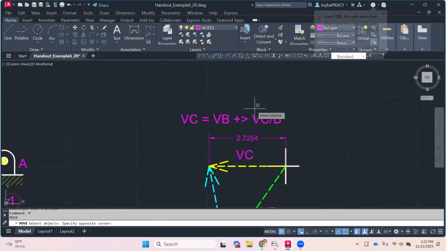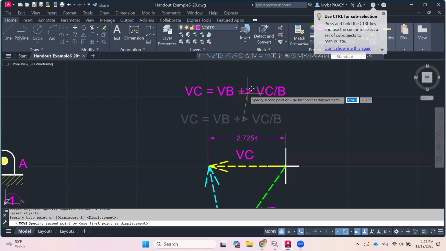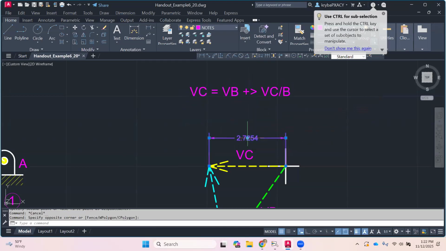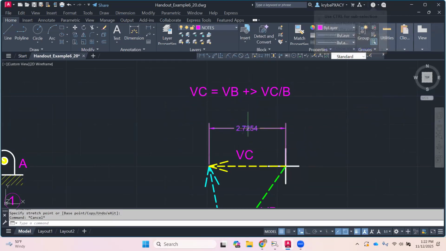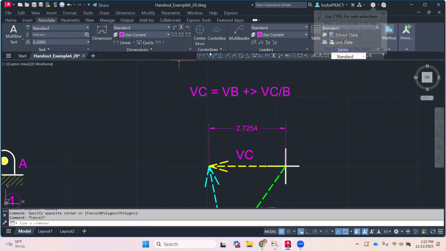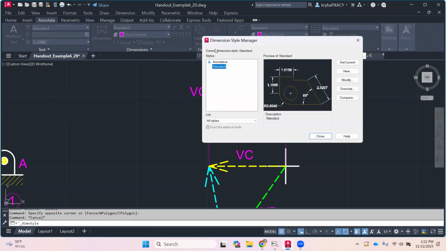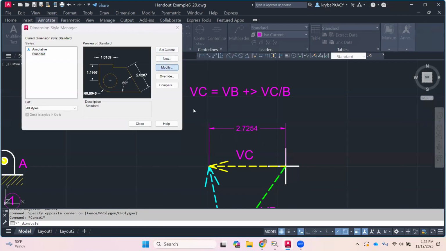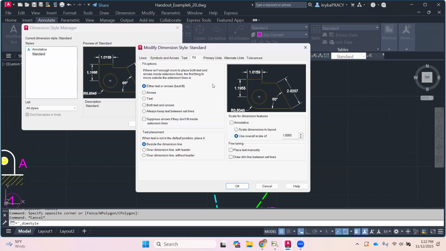I'm going to move my vector here. I'm going to move this up and make it a little bit larger. To make my dimension larger, I need to go to Annotate, Dimension Style Manager, Modify. I'm going to make mine a little bit bigger than what it is here. Go to the Fit tab and I'm going to put it to 2.